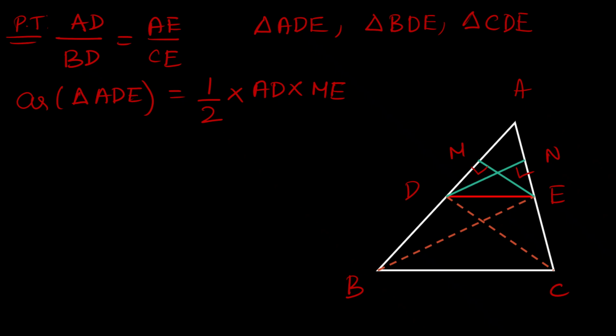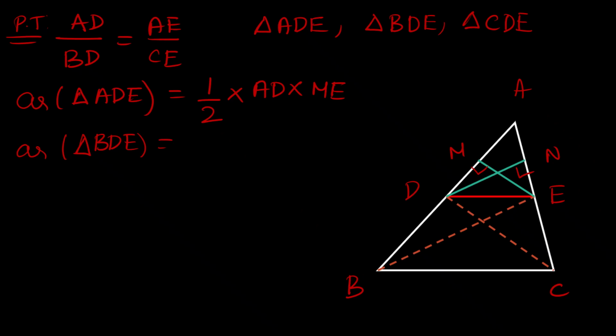Similarly, here I am going to consider the triangle BDE. If I consider triangle BDE, the height will be nothing but ME. Here AB is the extended base of BD. It is just extended.